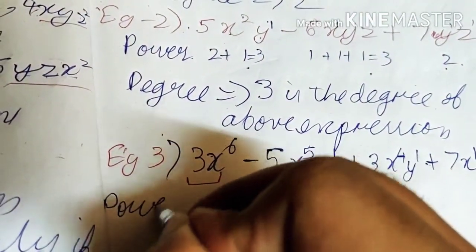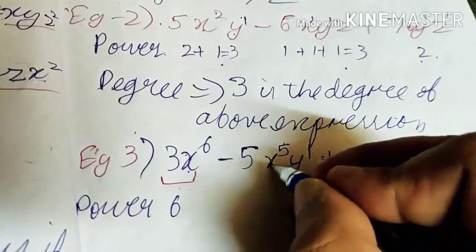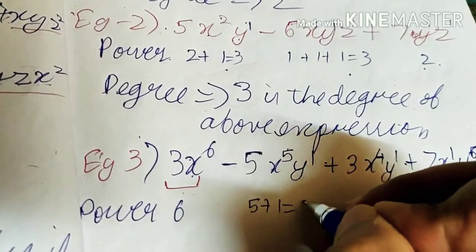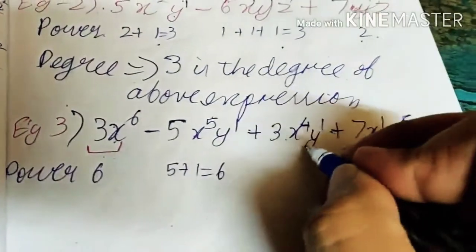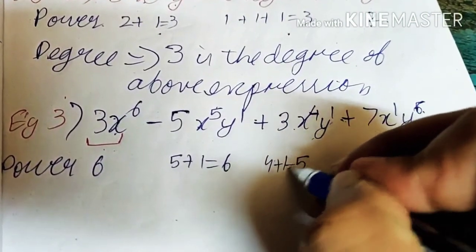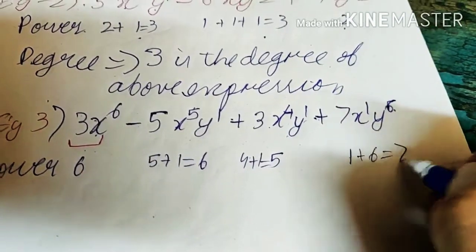In the first term there is only x, so 6. In the second, x has 5, y has 1, total 6. Here x has 4, y has 1, total 5. Here x has 1, y has 6, total 7.